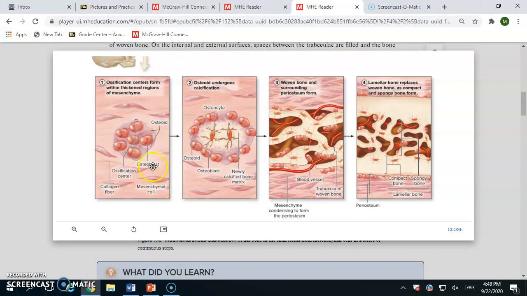More than one of those mesenchymal cells differentiates into an osteoblast, and they'll clump all together and form a little area that they call an ossification center. And remember, we know what the osteoblasts do. They're going to produce the osteoid, so a lot of collagen, some proteoglycans. So you can see that osteoid around there. That's the beginning part of bone formation.